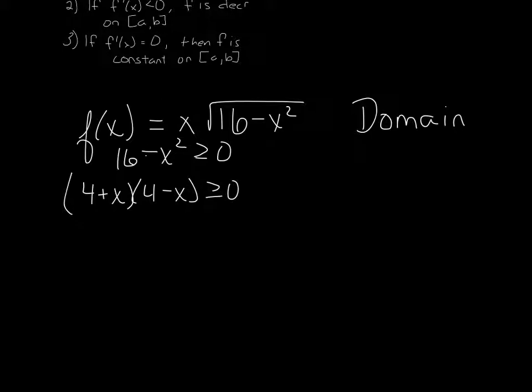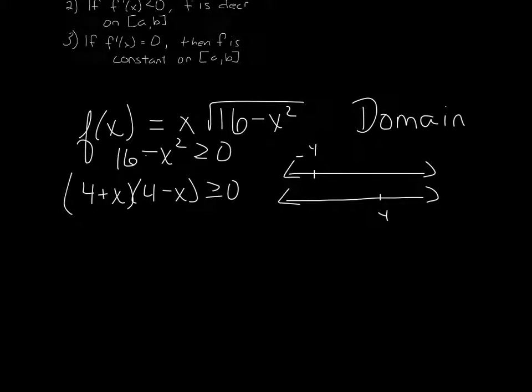I think what we did last year, remember we did our number lines? And we looked for where things would be. If we have negative 4 here and positive 4 here, if I choose, say, a 0 to plug into both of those, do I get a positive number or a negative number?